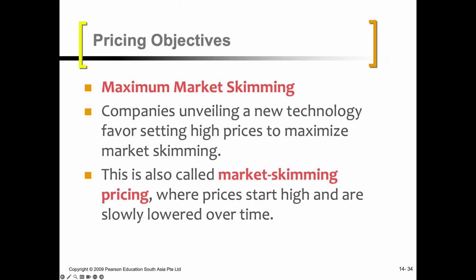If your goal is market skimming, companies unveiling a new technology favor setting high prices to maximize skimming. This is also called market skimming pricing, where prices start high and are slowly lowered over time.